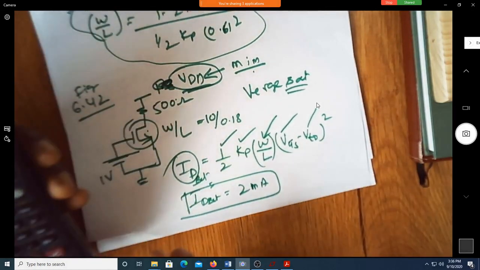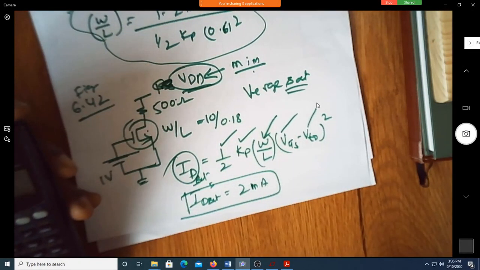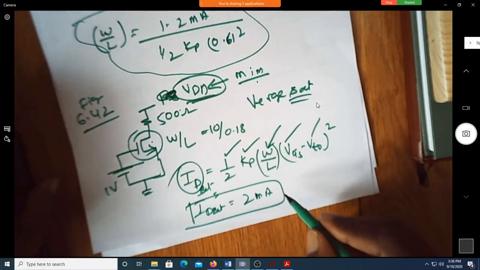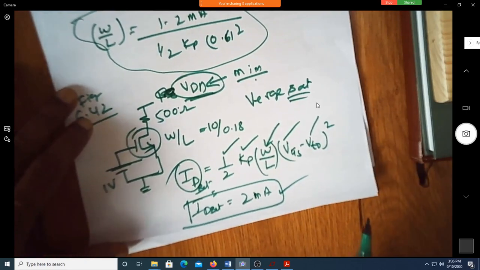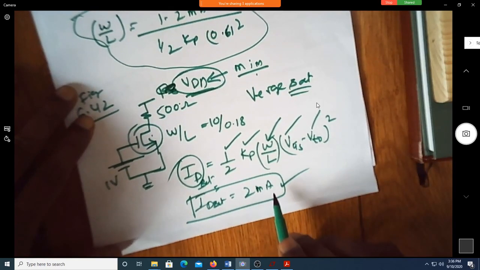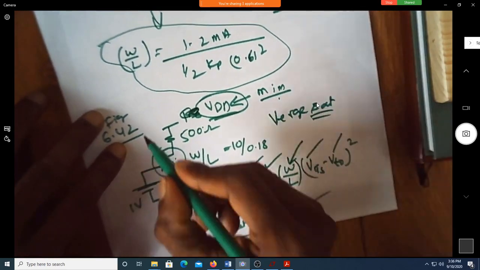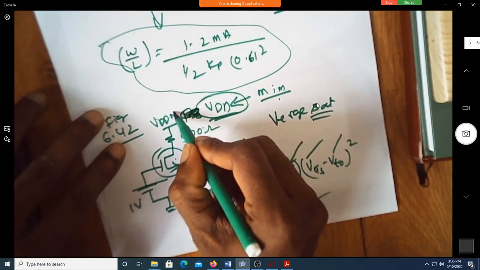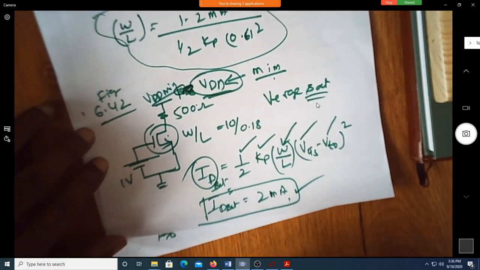Okay, almost close to it is equal to 2 milliampere. Correct? Yes. So we are done with what is VDS sat. Correct? Yes, sir. But this is not the answer. The answer is we need to find what is VDD minimum required to keep the MOSFET in saturation.